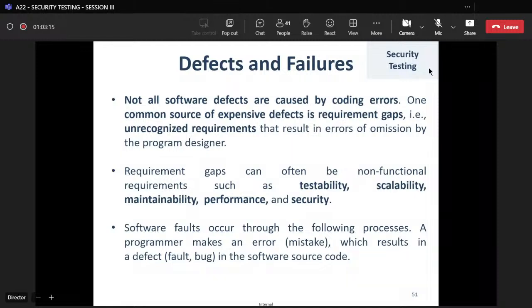Other requirement gaps can be non-functional requirements, such as scalability, testability, performance, and maintainability. And software faults are basically errors from the programmer, resulting in a defect or a fault, mainly in the software source code.